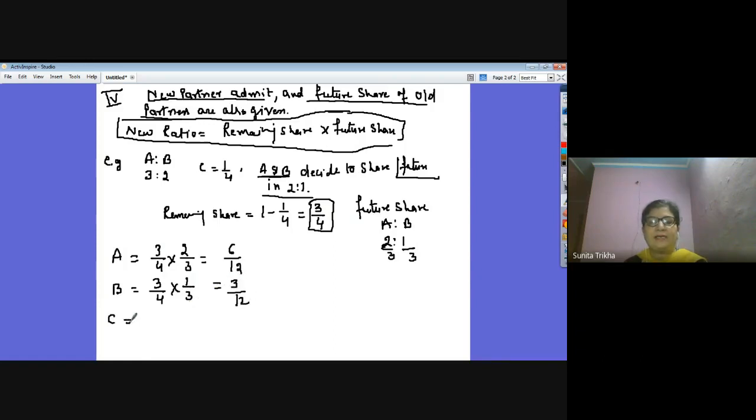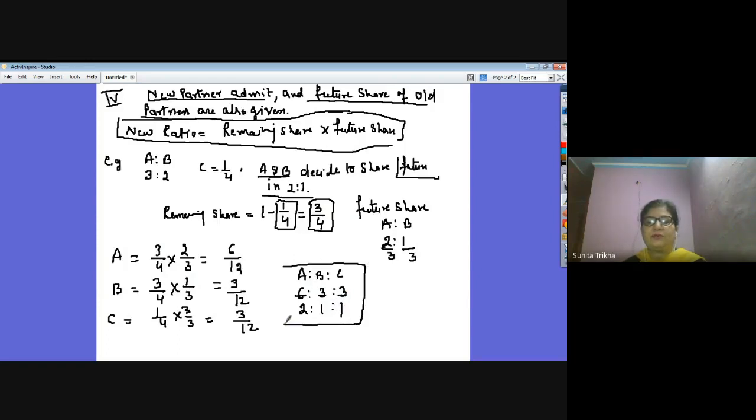And C has a new share that is 1/4, but to equalize the denominators, multiplied by 3, 3/12. Now the ratio is A is to B is to C. The ratio is 6 is to 3 is to 3. 3 is common, then 2 is to 1 is to 1. This is the new ratio.